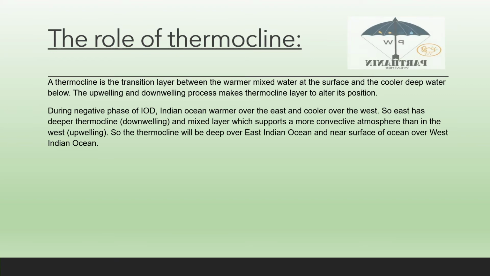What I said about downwelling, wherever the downwelling area is, that is where the thermocline goes deeper into the ocean, and the mixed layer supports a more convective atmosphere than in the west. So the convective atmosphere happens over the East Indian Ocean during the negative phase of the Indian Ocean dipole. The thermocline will be deep over the East Indian Ocean and near the surface over the West Indian Ocean.